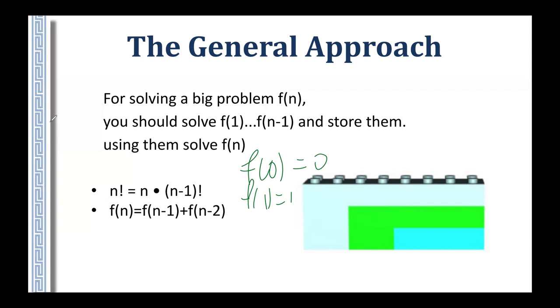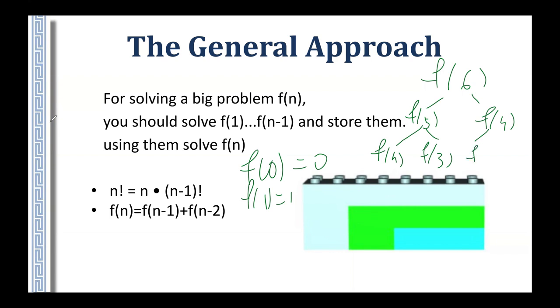So if we solve this problem recursively, for example, then we obtain exponential complexity. Why is it exponential? Because, for example, for computing f6, we need f5 and f4. But for computing f5, we also need f4 and f3. For computing f4, we need f3 and f2 here.